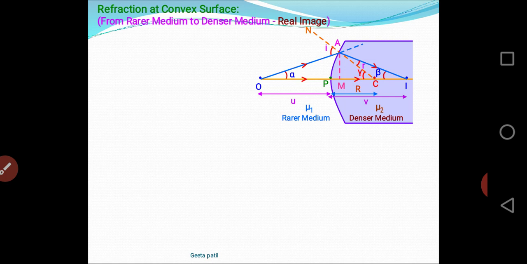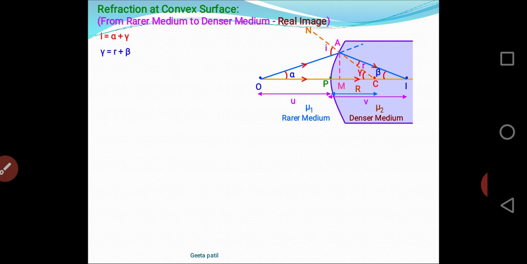Now I is the exterior angle in the triangle OAM. Therefore, it is given by the sum of interior angles alpha and gamma. I is equal to alpha plus gamma.